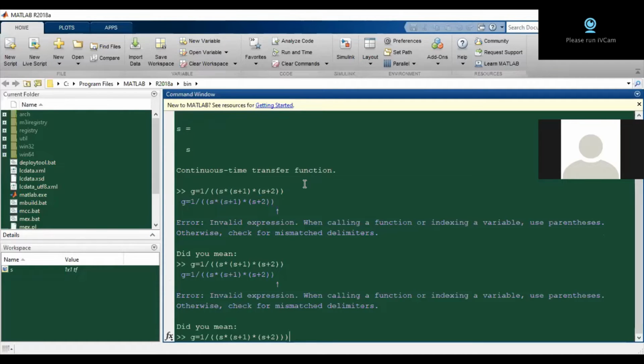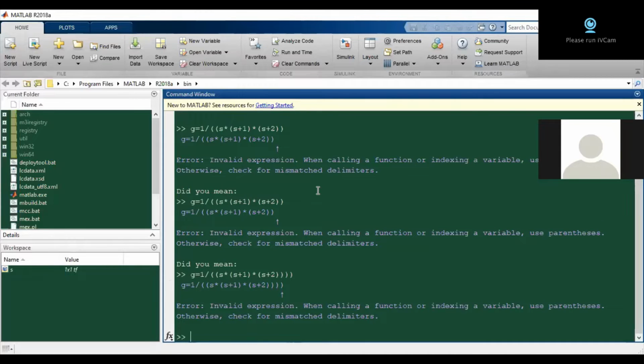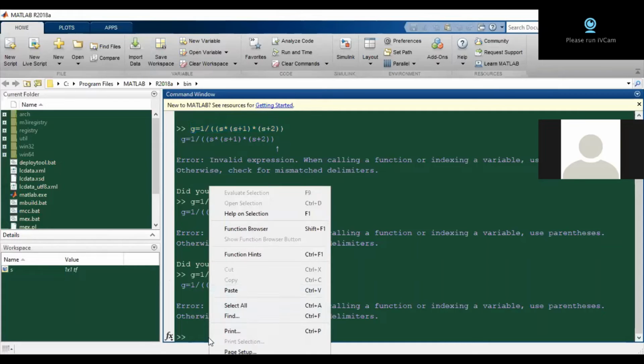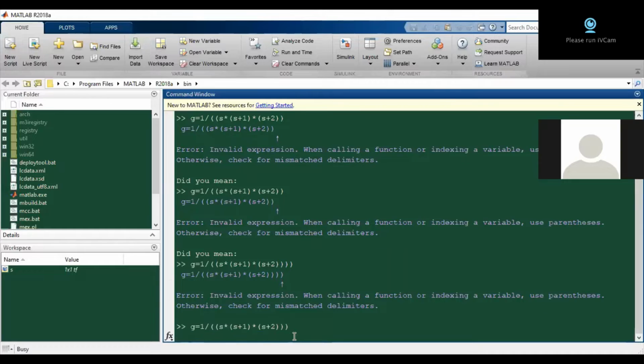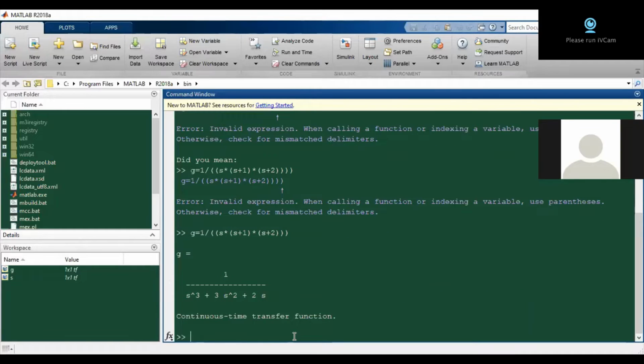So I hope this is the given transfer function. Yeah, this is the transfer function, and for this I will plot the root locus.